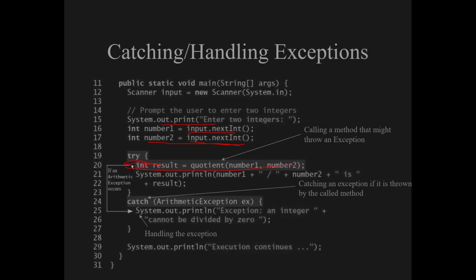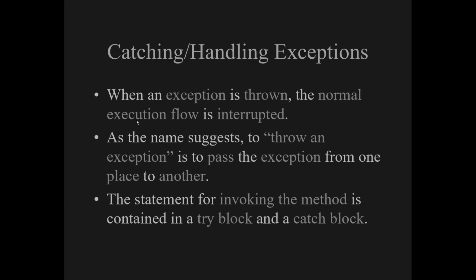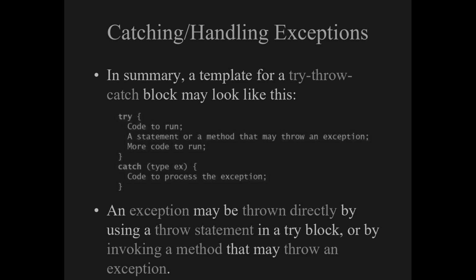Because of this division, it goes over here to the catch block corresponding to the arithmetic exception and handles it. It tells you that you cannot divide by 0, and then continues the execution to maybe ask the user again for two numbers, depending on what the programmer wants to do. As the name suggests, to throw an exception is to pass the exception from one place to another. That's the explanation for the actual code, so we don't need to cover that.